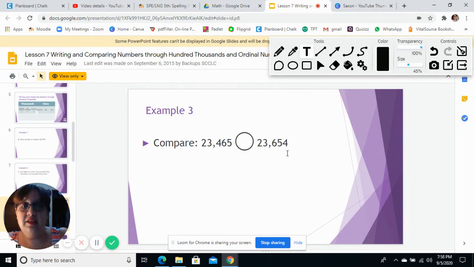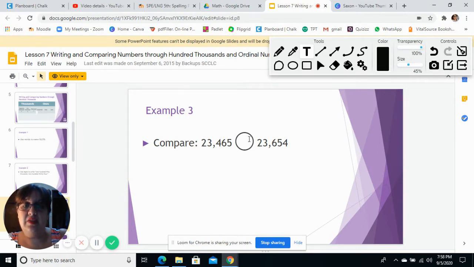Now, when you look at these two numbers, you'll notice that the first two numbers on both sides are the same. Okay? It's not until you get to this place, the hundreds place, that one number is bigger than the other. Okay? And really, when we're comparing, that's all that's going to matter. So, which number is bigger? The 4 or the 6 in the hundreds place?